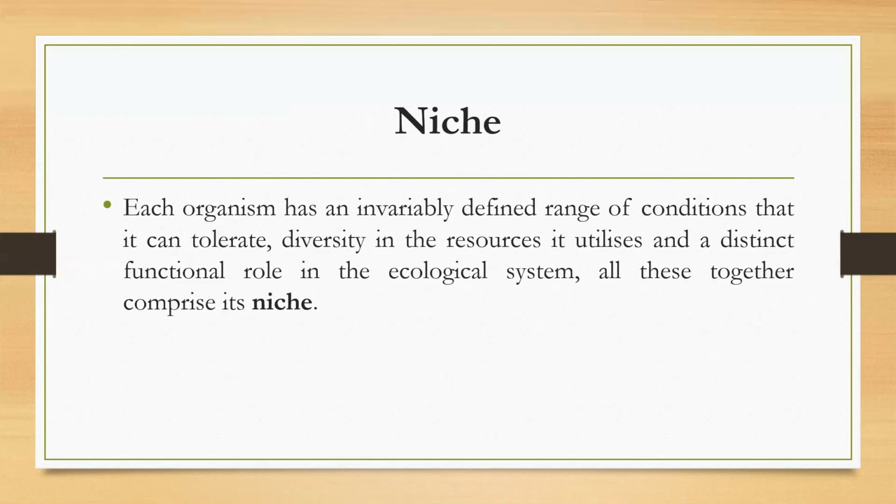So such an ecological system, such kind of activities, such kind of organisms, and such kind of conditions are together known as niche. In simple words, niche is nothing but habitat. In simple words, we can assume it as a habitat.